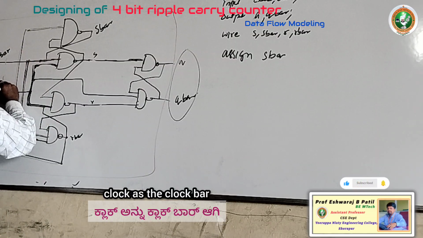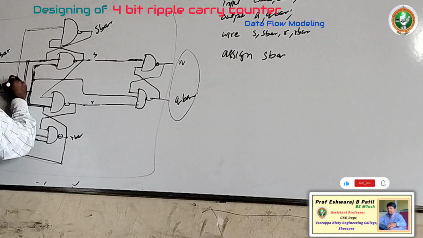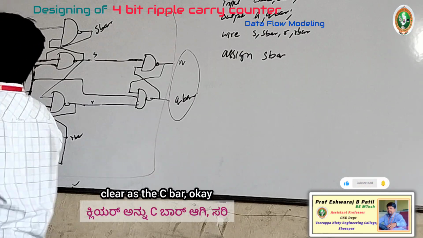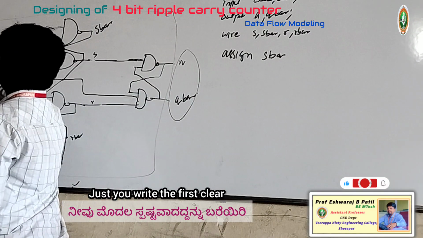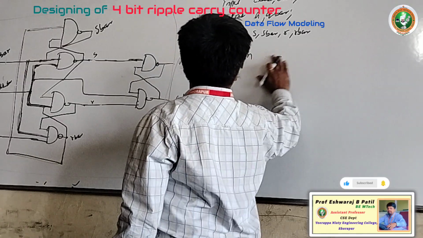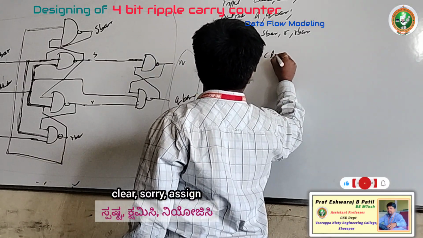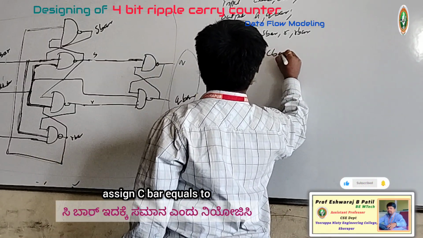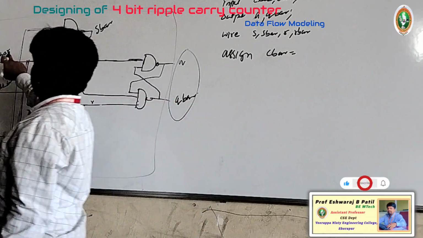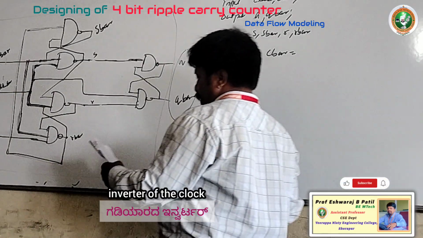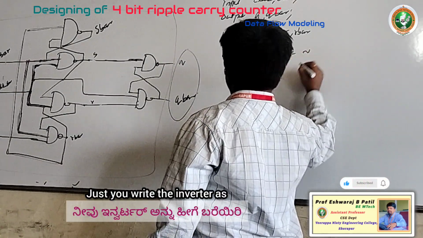Clock as the clock bar. Clear as the C bar. Just write first: assign C bar equals to inverter of the clock. Just write the inverter.